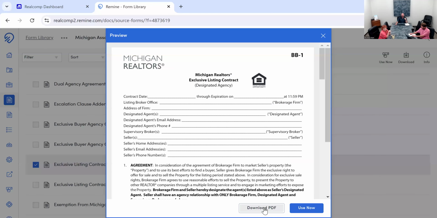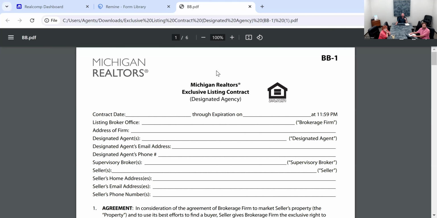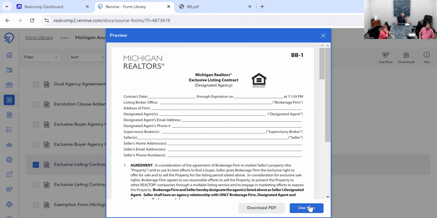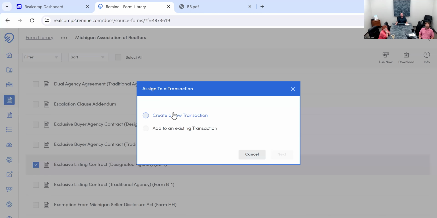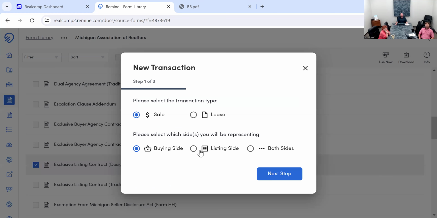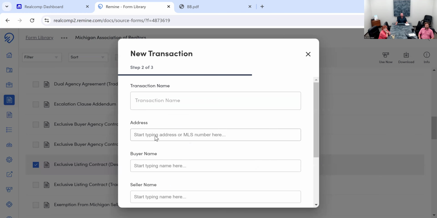I'm going to download the PDF and then open it up on the screen. Actually, you know what? No, I'm going to instead create a new transaction, because this way we can play around with the smart boxes. So I'm going to be on the listing side. Address. Somebody give me an address. 2705 Aurelia.